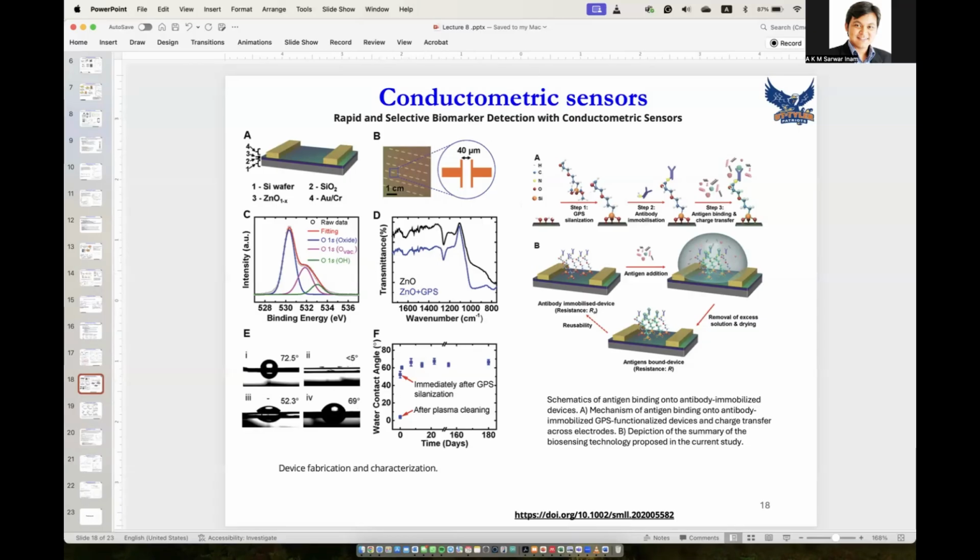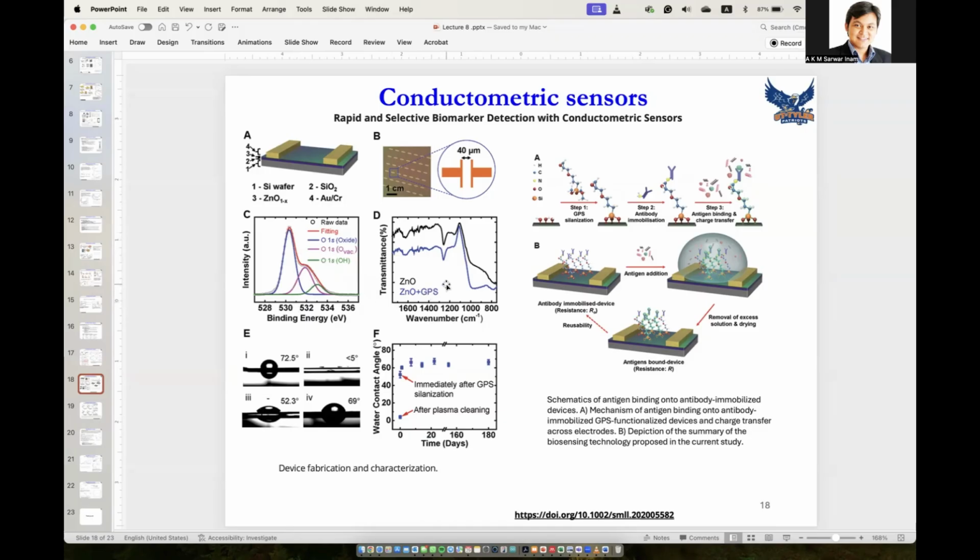In figure A, it is showing just the structure, the cross section of the device platform, right? And then the optical image of this sensor, and here it is actually the XPS, the X-ray photoelectron spectroscopy image, which shows the core level of oxide.